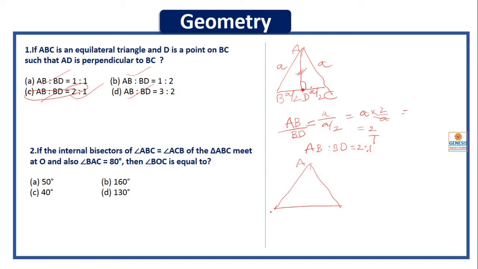I take this as A, this is B, this is C. The internal bisector of B, and the internal bisector of C, meet at the point O. If the angle BAC is 80 degrees, then what is the angle BOC? For a direct answer, I can give you this one: 90 plus angle A by 2, that is 90 plus 80 by 2, which is 130 degrees. This is the angle. That is the answer.